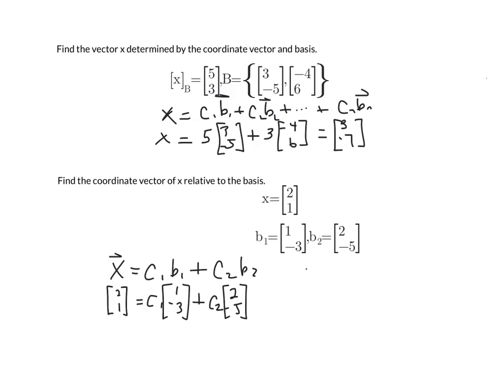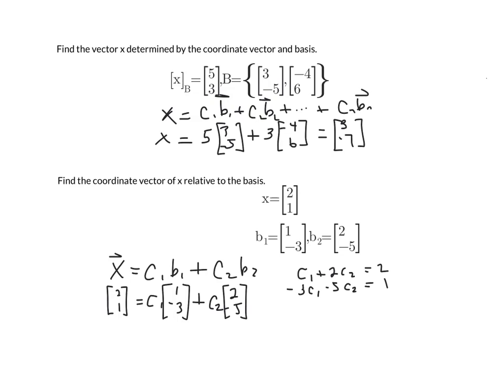And what we get from this is that c1 plus 2c2 is equal to 2, and minus 3c1 minus 5c2 is equal to 1. And so it's just a system of two equations and two variables.